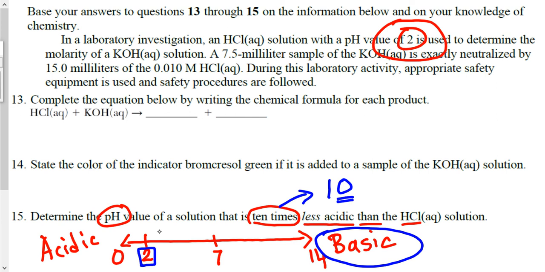So we're looking for a solution that has a pH of 3. pH 3 is 10 times less acidic than a pH 2 solution. Even though pH 2 and 3 are both acidic solutions, pH 3 is still 10 times less acidic than a solution of pH 2.